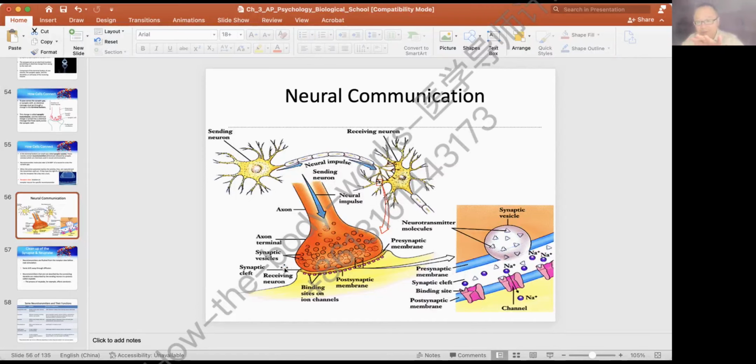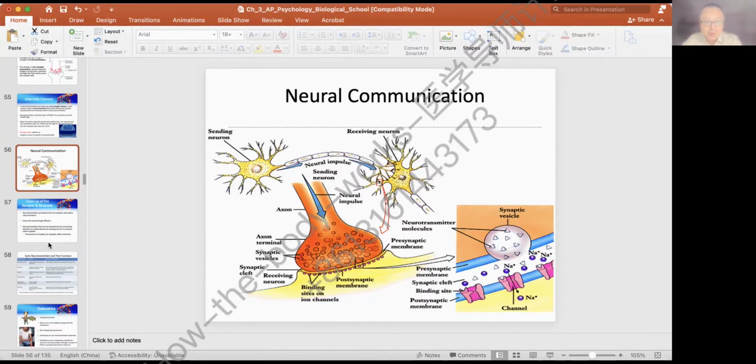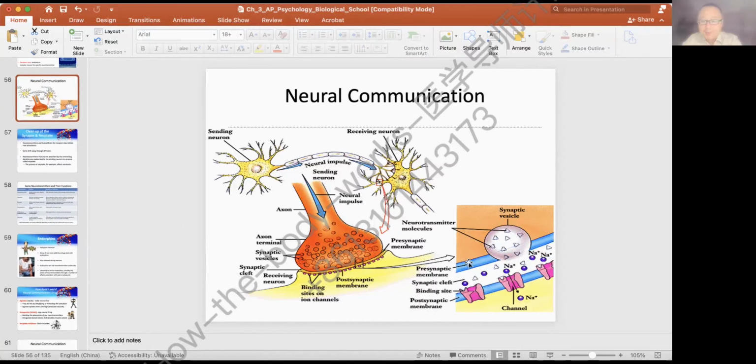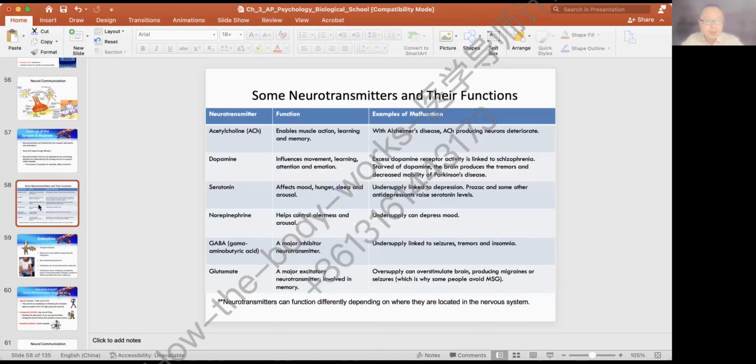Okay, I've finished presenting the neuron communication. But please be noted, we will talk about the neurotransmitter here. Neurotransmitter is kind of a hormone, and here you can see some neurotransmitters and their functions.